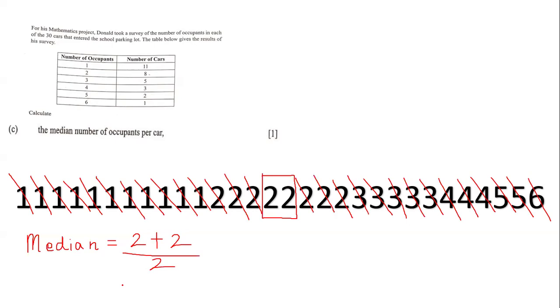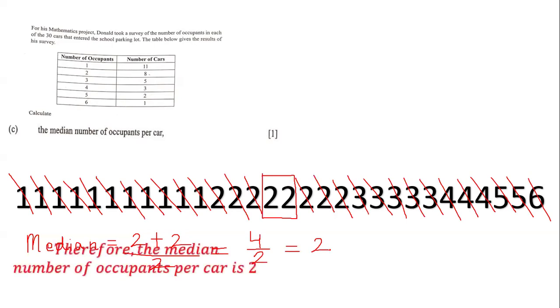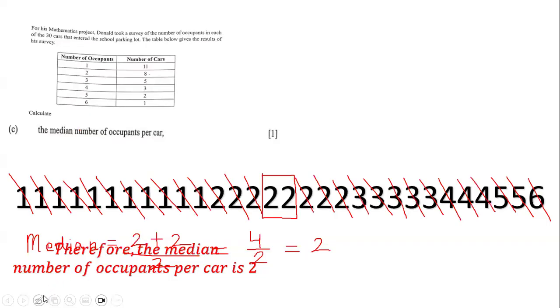And so the median is 2 plus 2 divided by 2. What is 2 plus 2? Well, 2 plus 2 is definitely 4. It's going to be 4 divided by 2. And 4 divided by 2 is definitely 2. So that means that the median number of occupants per car is 2. And that's our answer for this question.